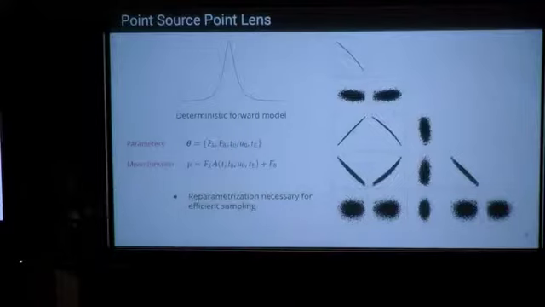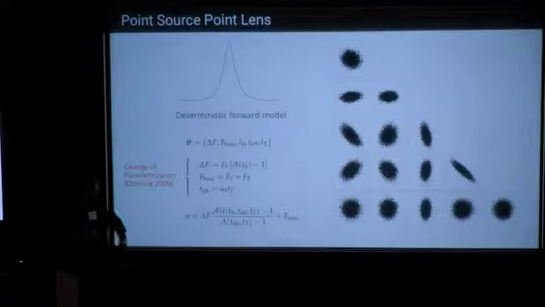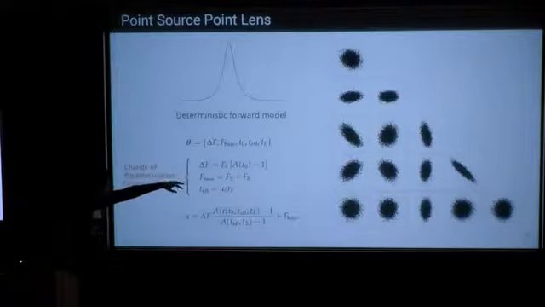What this tells you is that maybe you should reparameterize your model. And we've heard from Eric how important reparameterization can be. There is an alternative set of parameters you can use, which is due to Martin Dominik. It's this set of parameters here: delta F and F base, which are new flux parameters. The model is again linear in these new parameters.